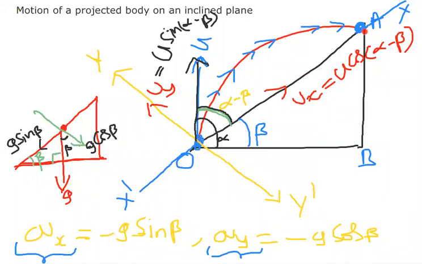What does vertical displacement mean? When the body travels from O to A, what is the displacement along the y-axis? The displacement along the y-axis is 0. You have to be alert with the terms.